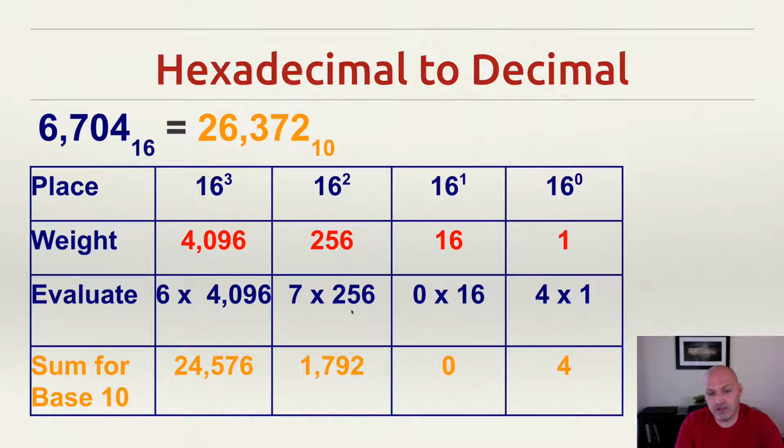A value of 7 and a weight of 256 gives me 1,792, and a value of 6 and a weight of 4,096 gives me 24,576. When you add all of these up, you get 26,372, which is the decimal equivalent of 6704 in hex.